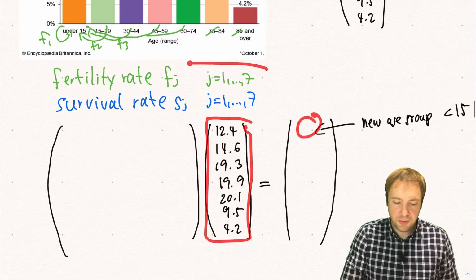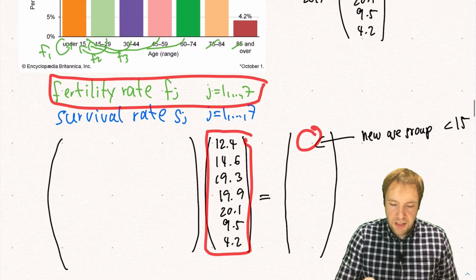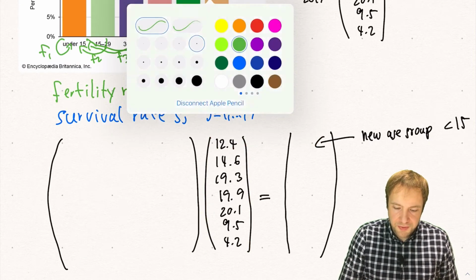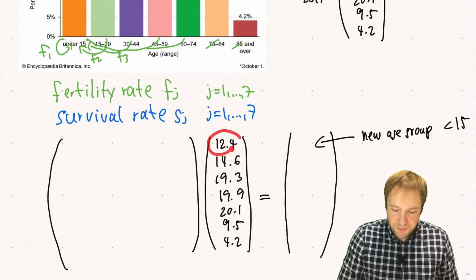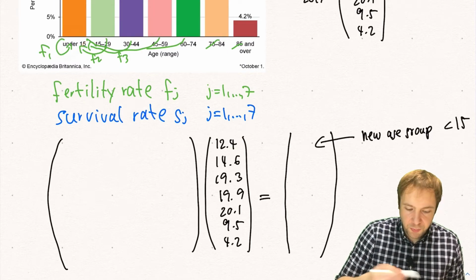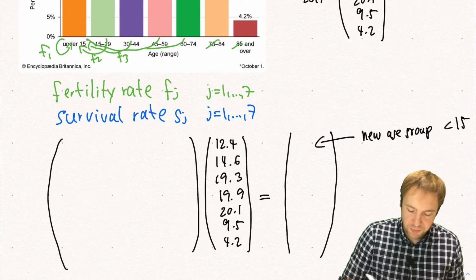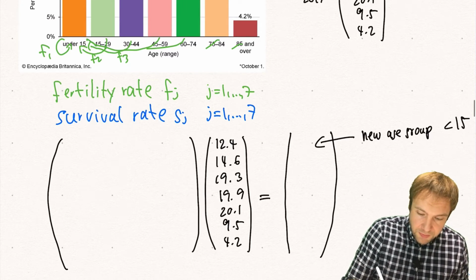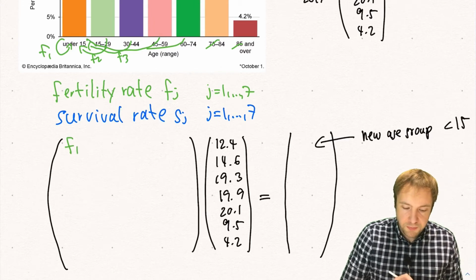Well, it depends just on these fertility rates. And we see that, for example, the number of people coming from this group here, so how many under 15 years old, will also create a newborn. So maybe this number might be quite small in reality, but here we have the factor f1.